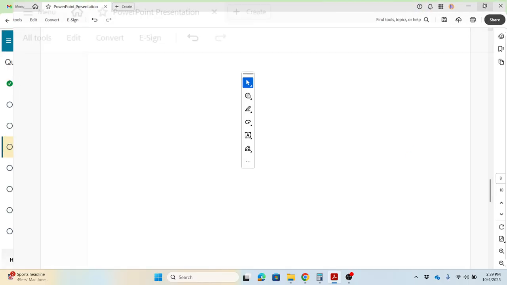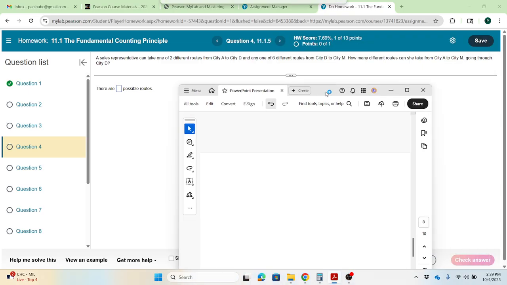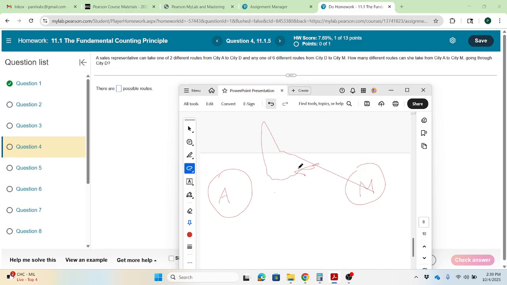Let me go back here and try to understand the question. You want to go from city A to city M, and in between there is another city, D. From the question, a sales representative can take one of 2 different routes from city A to D. From here to here there are 2 different options.